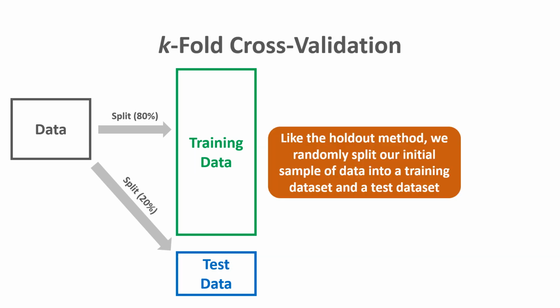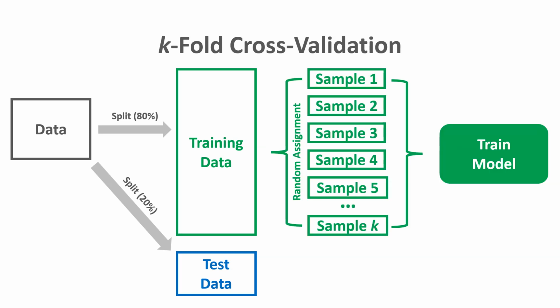K-fold cross-validation then differs, though, because after we randomly split the data into our training data set and test data set, we then go through this K-fold process to actually cross-validate and validate our model in order to train our model initially.